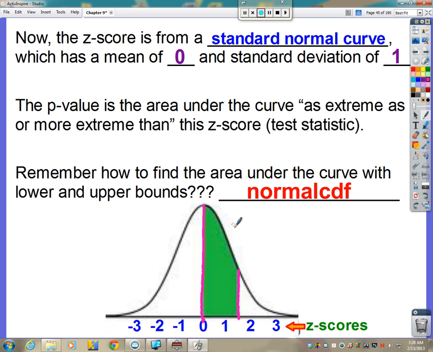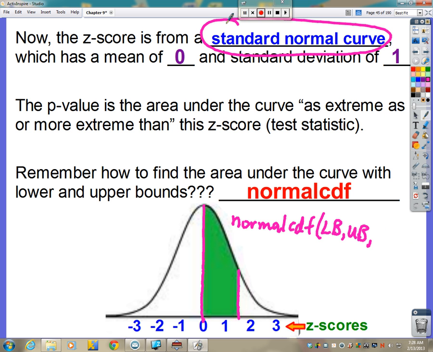Now the good thing is when we use normalcdf, remember we had our lower bound, our upper bound, and then we had to put in mean and standard deviation. But we're always going to be working with a standard normal curve that always has a mean of 0 and a standard deviation of 1. Those are the default values for mean and standard deviation for normalcdf.